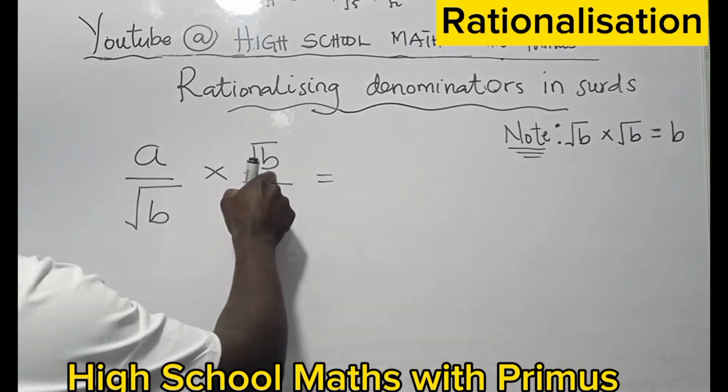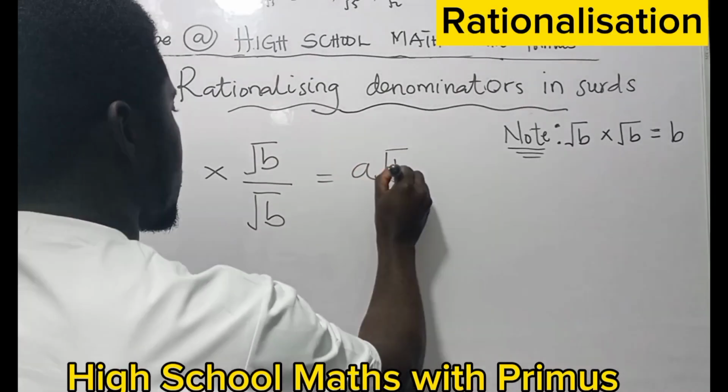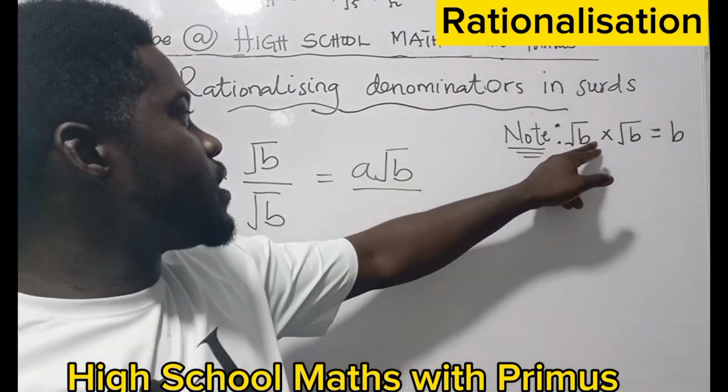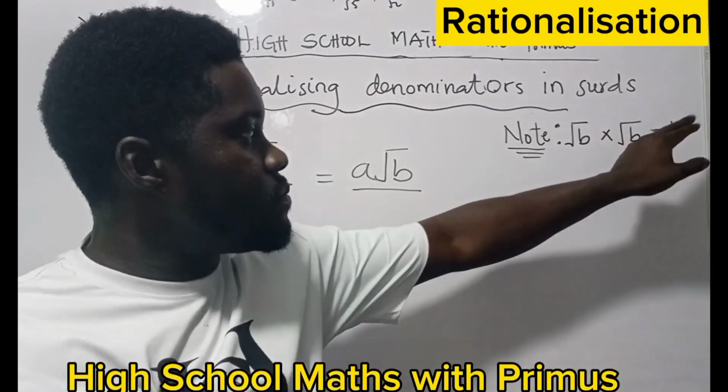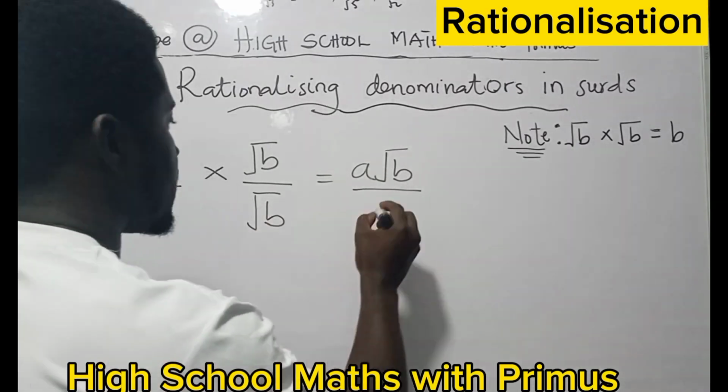A times root b is a root b. And you should know that root b times root b will give us b. So root b times another root b is giving us b.